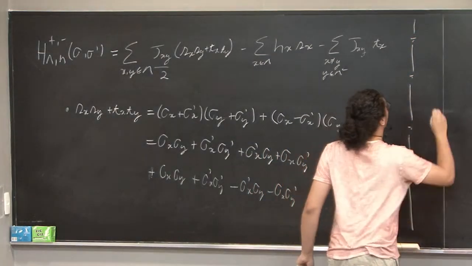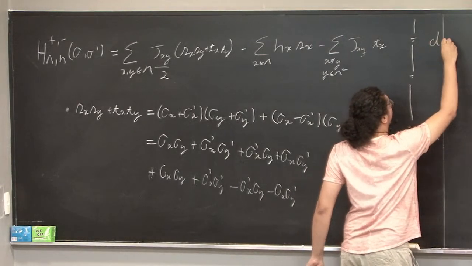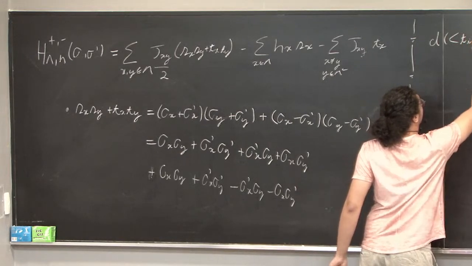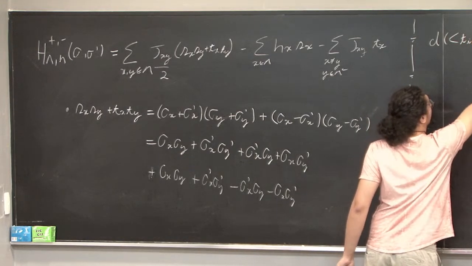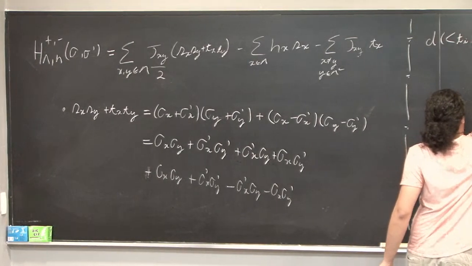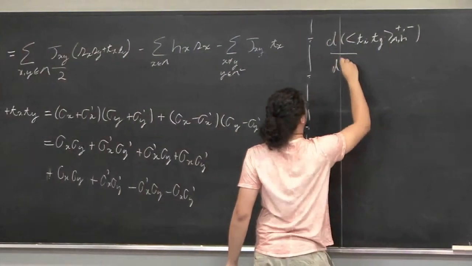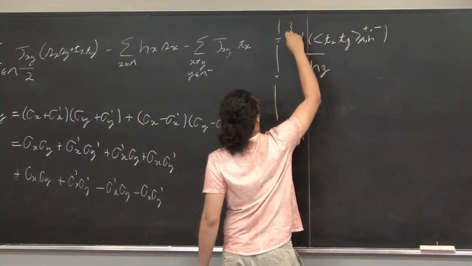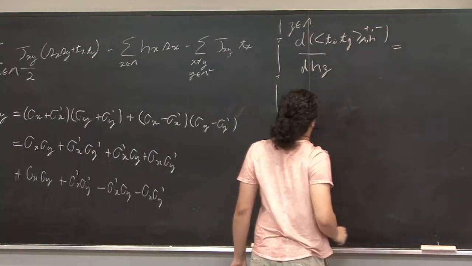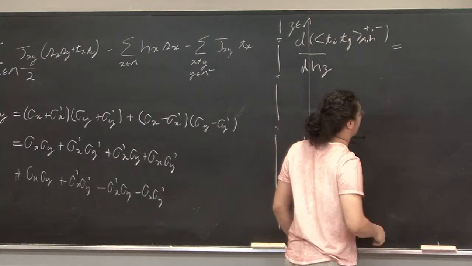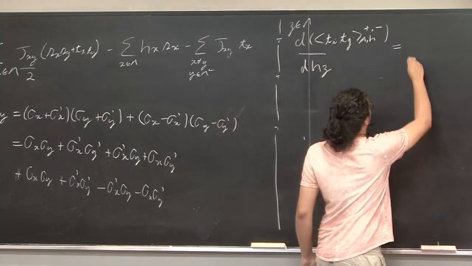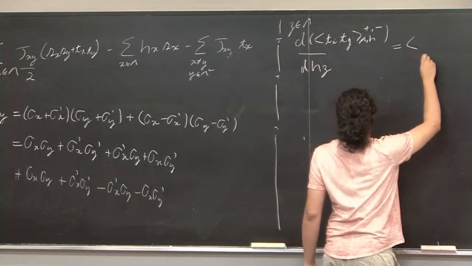So what happens when we differentiate d_x d_y lambda h plus and minus with respect to some h_z, where z is a point in the box? As you may imagine, or you may not, it's the same computation you do to differentiate, I don't know, the magnetization. It's a sort of standard trick.